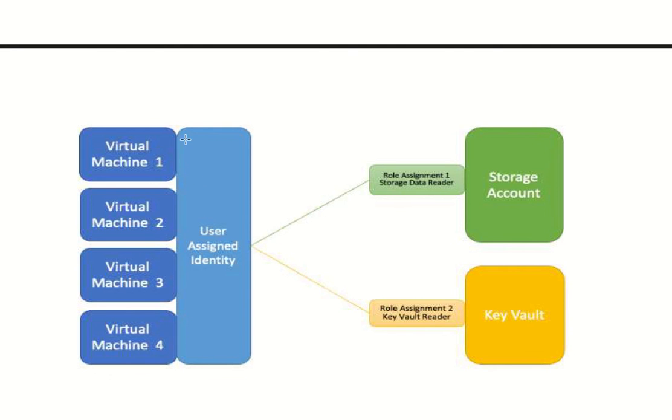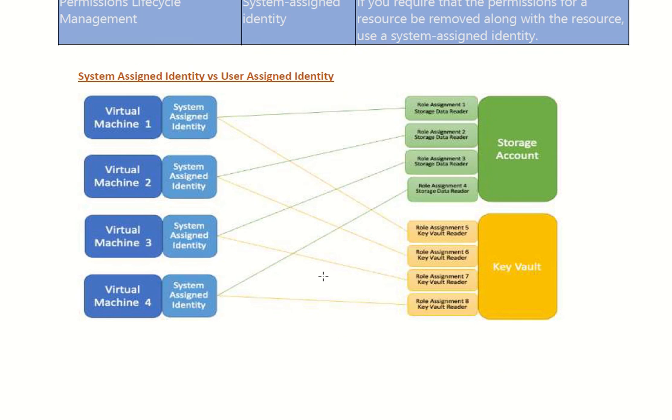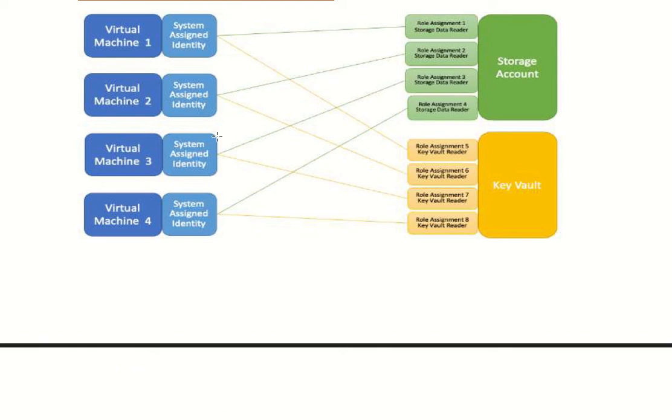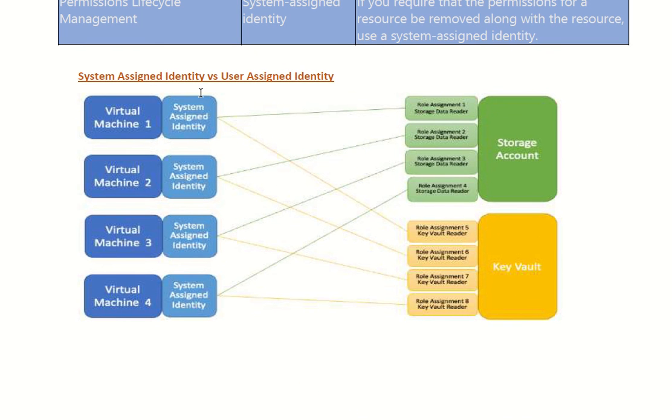So in that case, I will have only one user assigned managed identity, and on that identity I provide role assignment 1, which is Storage Blob Data Reader, and for the Key Vault, I give Key Vault Reader. Just 2 permissions compared to 8 permissions. Which one would be better? Obviously, right, guys? 2 permissions are much better to manage, and also only one managed identity object, whereas over here there are 4 system assigned managed identities.